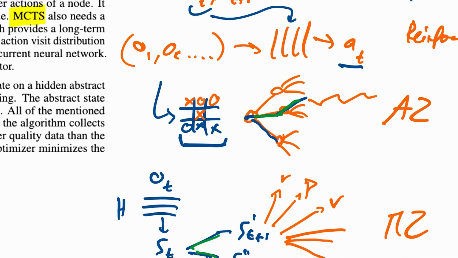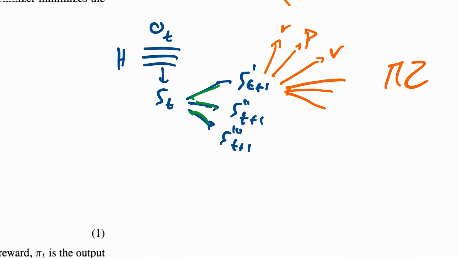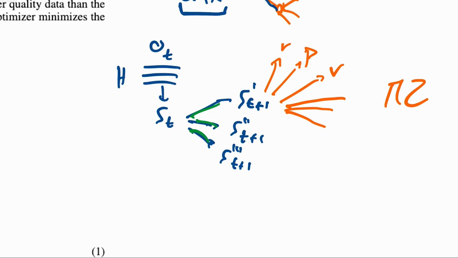So in order to do tree search, we have to learn a model, and the model that MuZero learns is purely in the latent space, right? It doesn't predict future observations, and it only learns all of this from the signal that it predicts the reward, it predicts its own policy, and it predicts the future value. Those are the only learning signals for the world model.